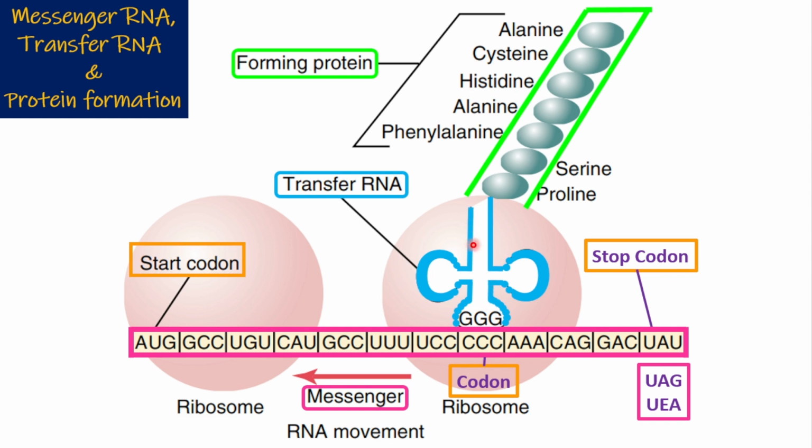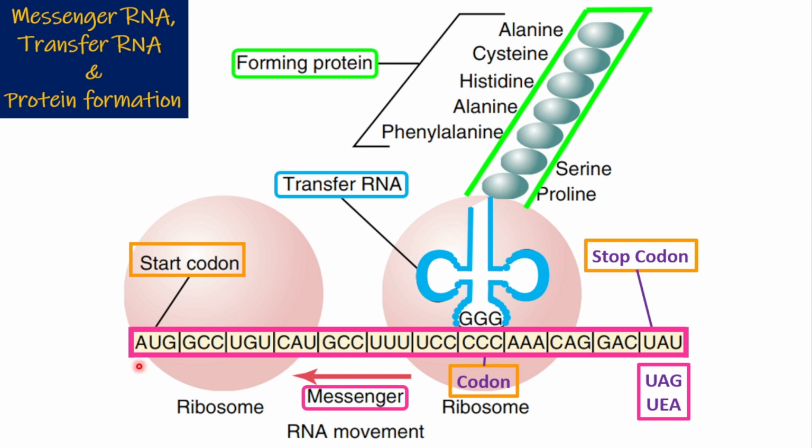There the transfer RNA will read this code in the form of different codons and bring the respective amino acids from different parts of the cytoplasm to the messenger RNA, and those amino acids will be attached in the form of a chain and the protein will be formed.